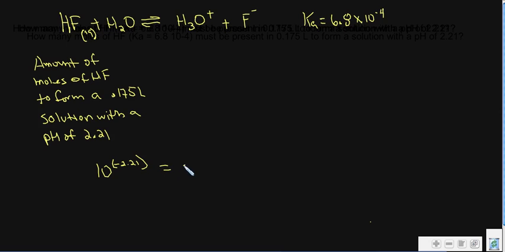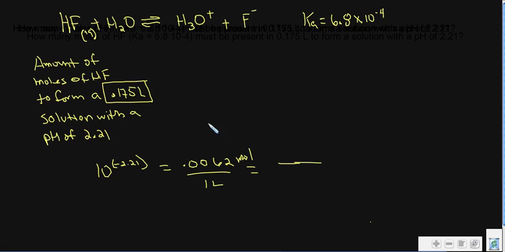But this is, of course, molarity, so we're talking about this being over 1 liter. And what we really want to know is how many moles I am going to need in 0.175 liters, because that's specifically how much we're forming. We're not forming a liter. So I would say, what is 0.0062 moles of hydrogen ion over 1 liter, but how many moles is that over 0.175 liters?